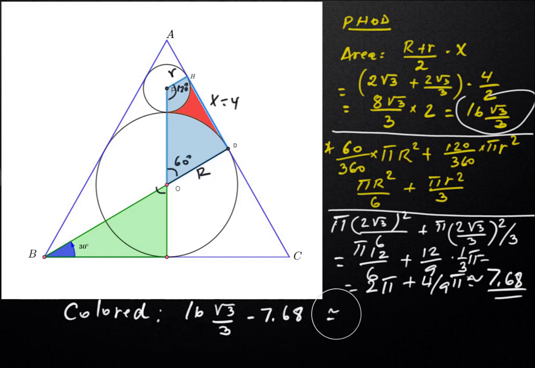So that will give us our value of the colored area, roughly 1.56 square units. Depending on the rounding, sometimes you can find 1.54, 1.55, but this is actually what we are looking for. Thank you for watching, and see you in another smaller problem. Thank you. Bye bye.